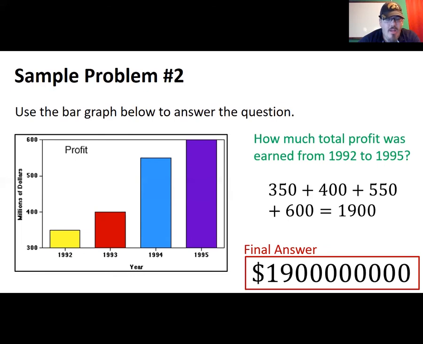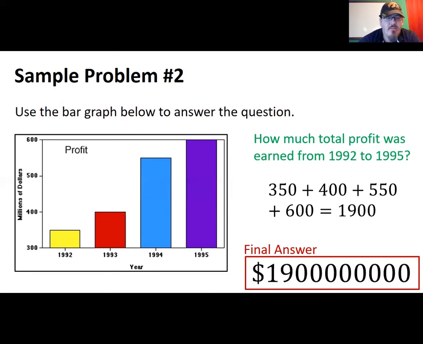So it's actually $1,900,000,000, or $1.9 billion in profit. So again, the interpretation of the bar graph is critical in this particular example.